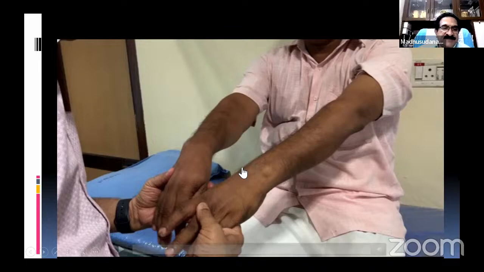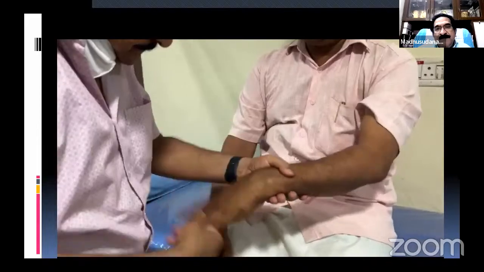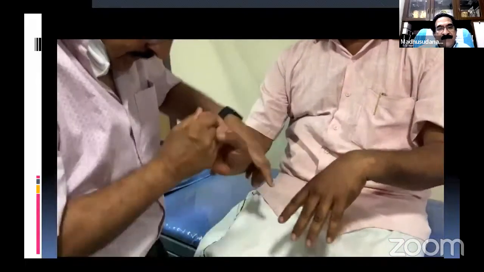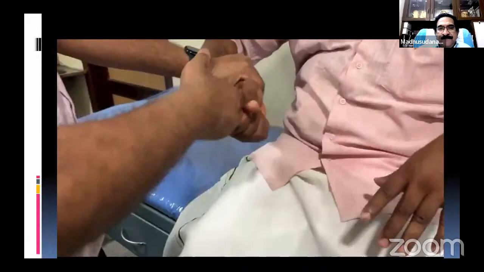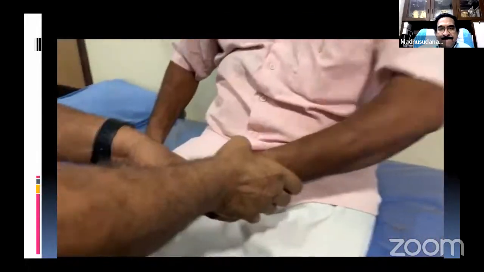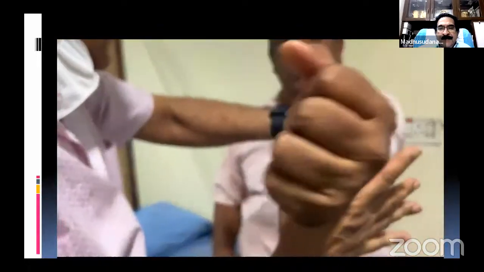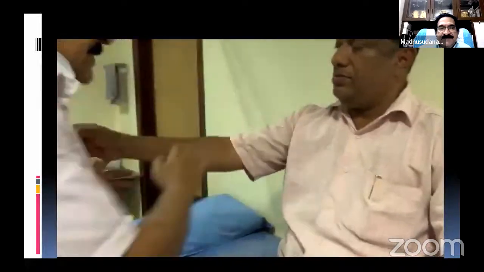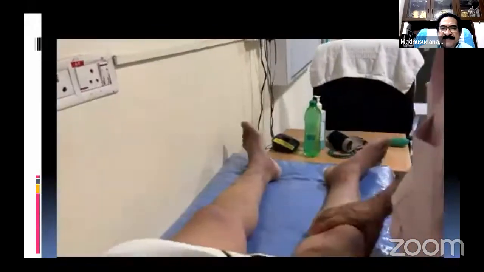So let us go to the findings now. Relax. Tone in the upper limbs is normal. He had no complaint of upper limb dexterity. Deltoid normal, biceps normal, no finger incoordination. In the lower limb, he has no beaver sign.